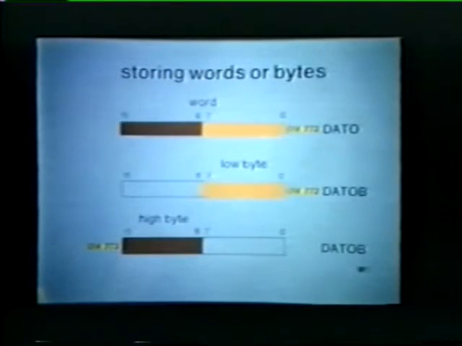On the other hand, if the master wishes to store just the low byte, it again supplies an even-numbered address, but this time it specifies a DATOB transfer. One final point. If the master device wishes to store a high byte instead of a low byte, it issues an odd-numbered address and again specifies a DATOB transfer.